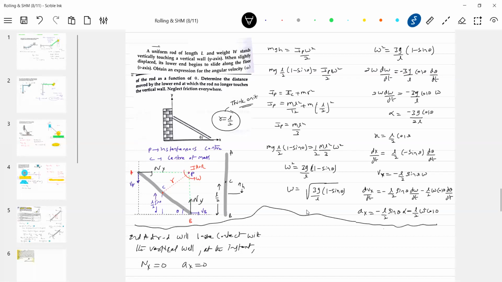Do we know alpha? Yes, I know alpha. That's why we brought all these things, to take care of these conditions. Okay, let me substitute all these things in this equation.